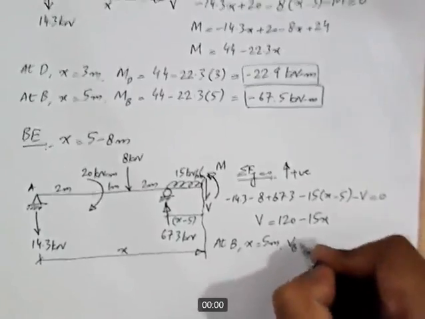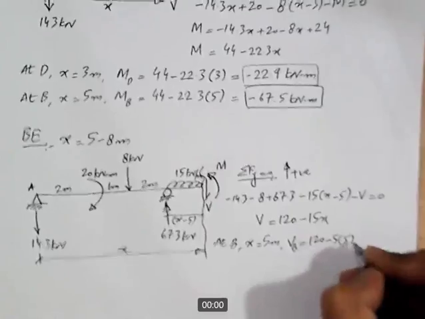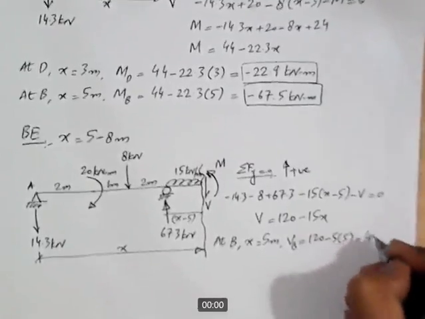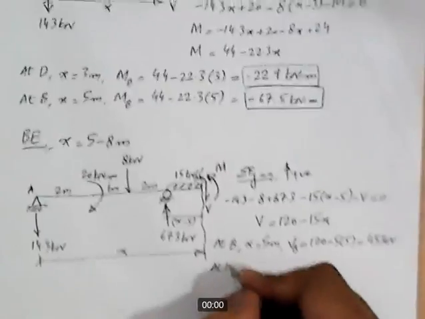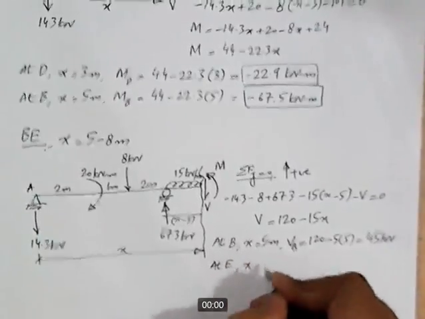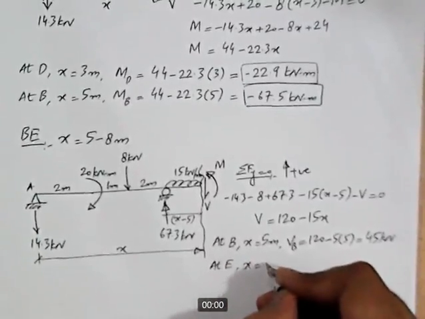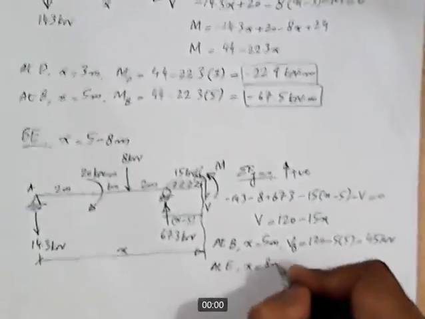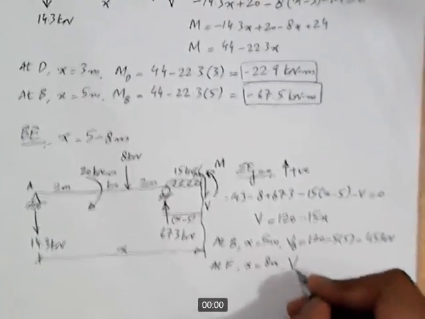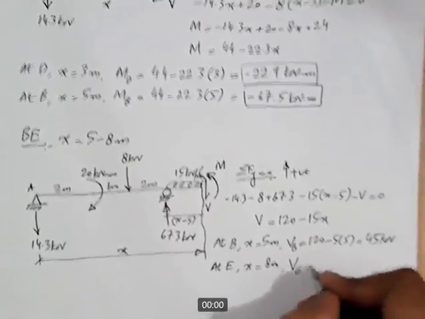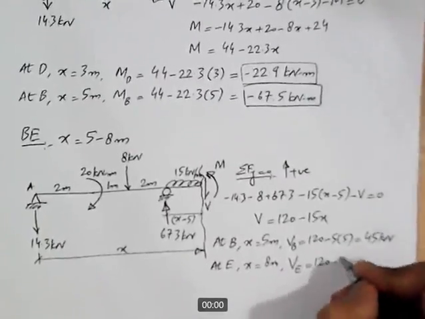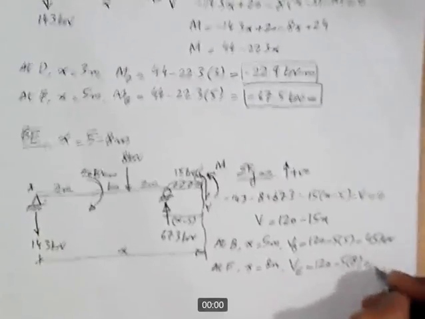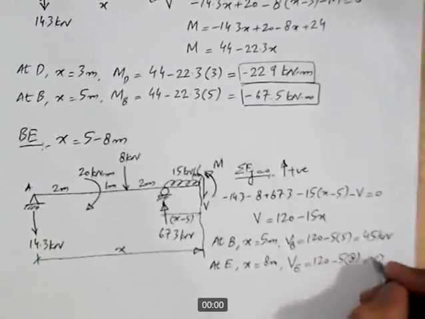So VB will be equal to 120 minus 15 into 5, and that is equal to 45 kilonewton. And at E, X is equal to 8 meters, and VE will be equal to 120 minus 15 into 8, and that is equal to 0.